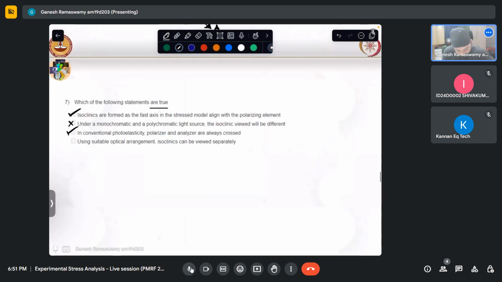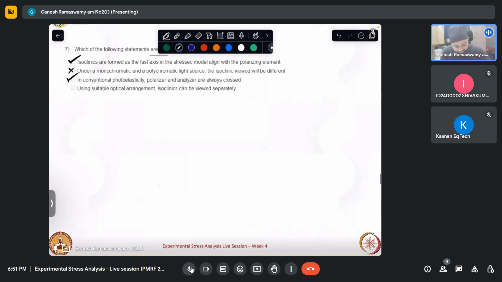Using suitable optical arrangement, isoclinics can be viewed separately. Now there is actually no optical arrangement that can give us isoclinics separately. So isoclinic is fast and slow axis direction dependent.